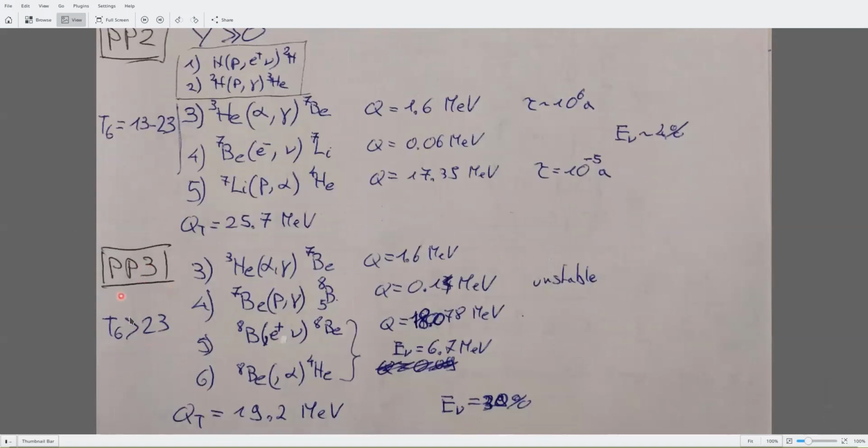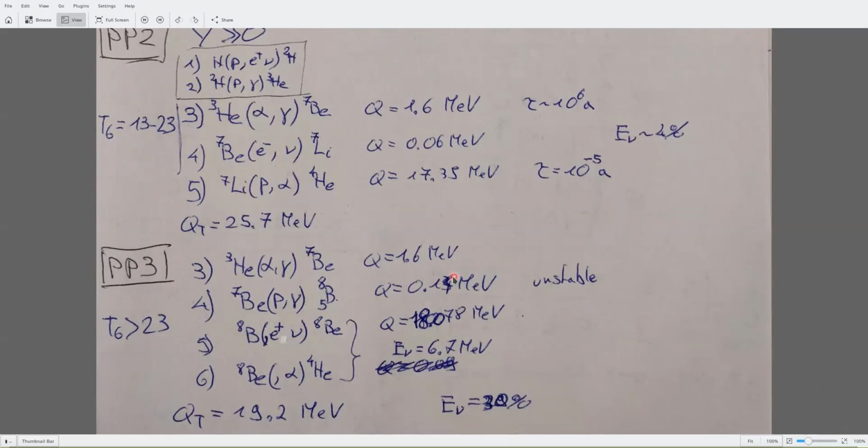The PP3 is different in that you need a higher temperature, and so you have more of one channel or the other accordingly.